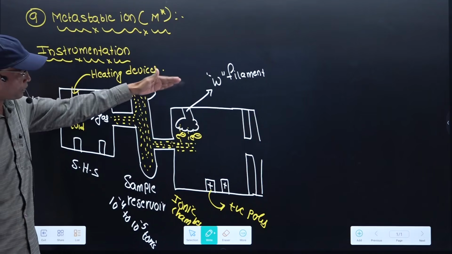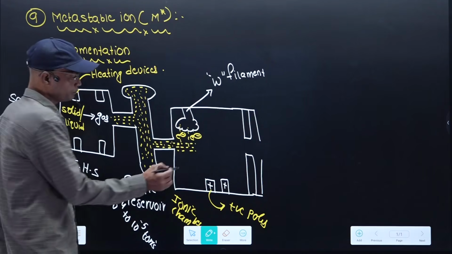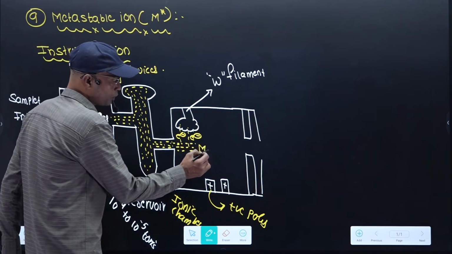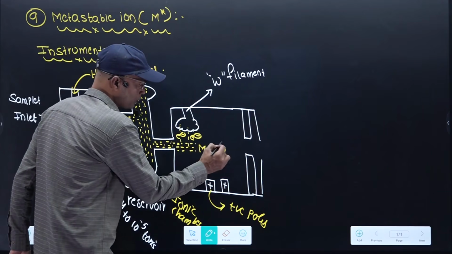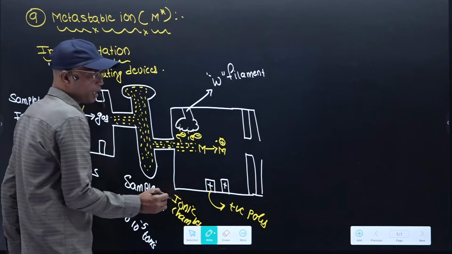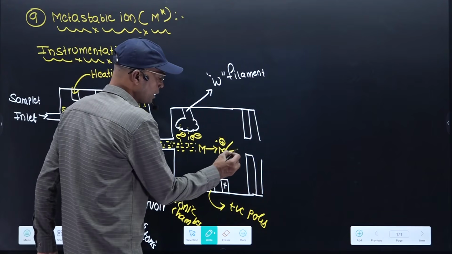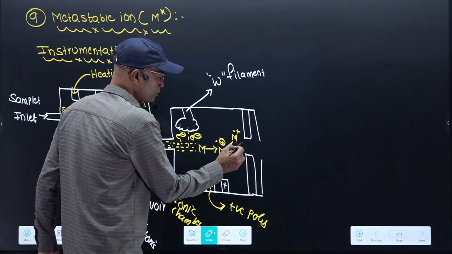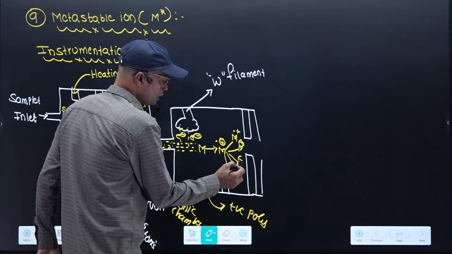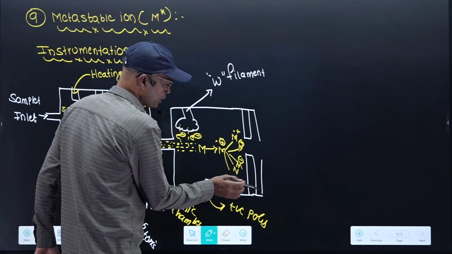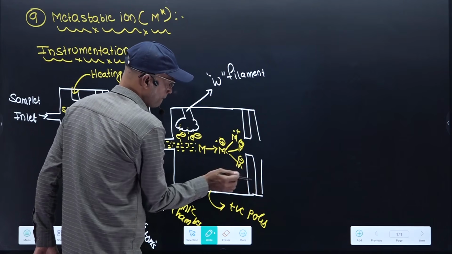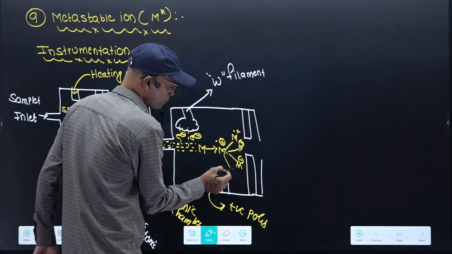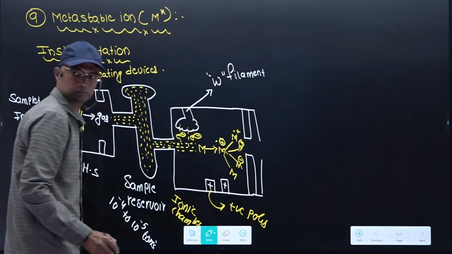So when these perpendicular electrons contact a molecule, the molecule readily forms a molecular ion. After formation of the molecular ion, it further undergoes fragmentation and forms a radical cation, a positive ion, it may form a negative ion, it may also form a neutral.